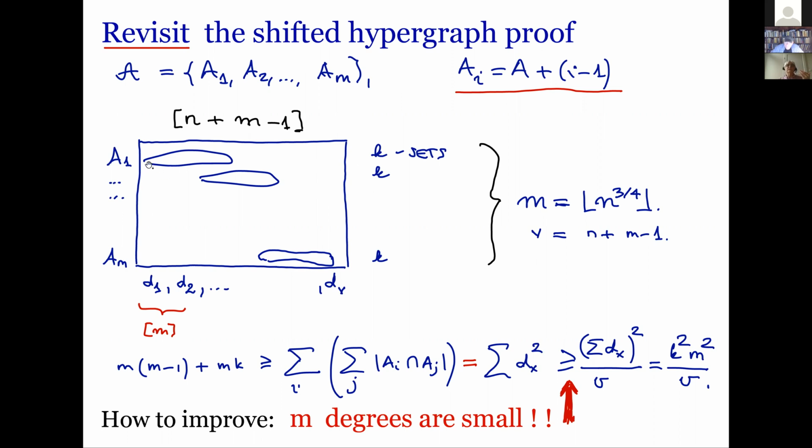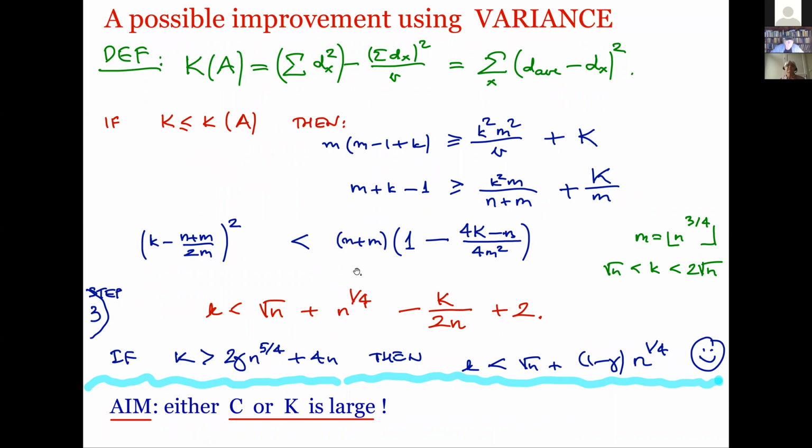So at the beginning, the degrees are smaller. So the Sidon set must have some kind of irregularities. There should be a large variance. Okay, so if you know that the variance of the degrees is reasonably big, then we got an improvement. That's the other observation.